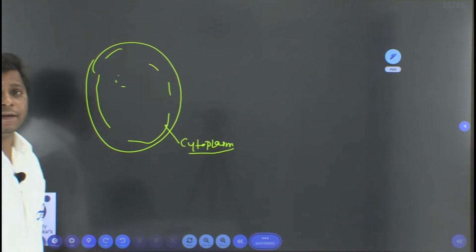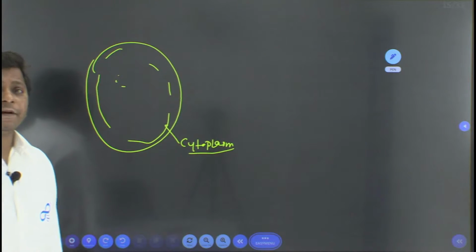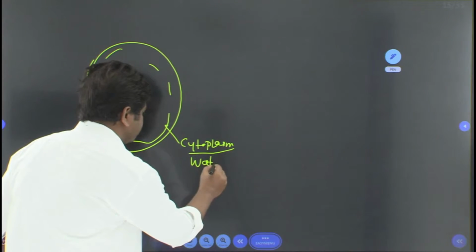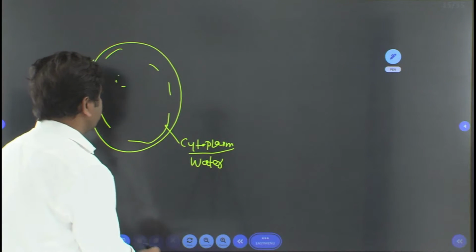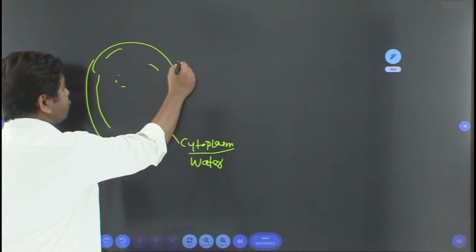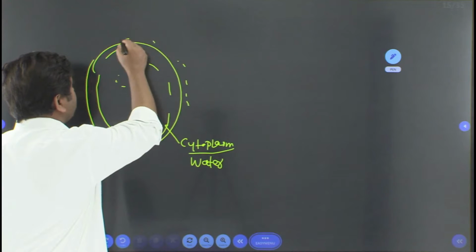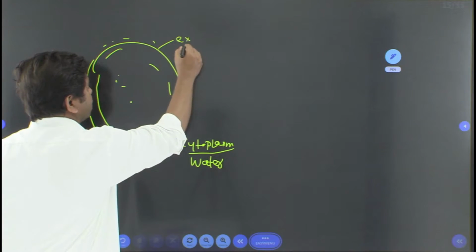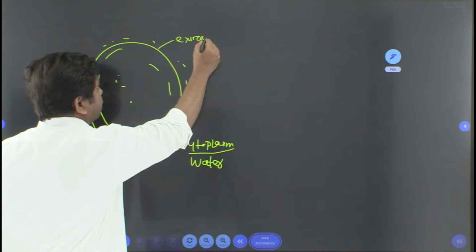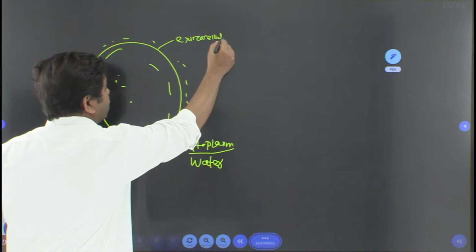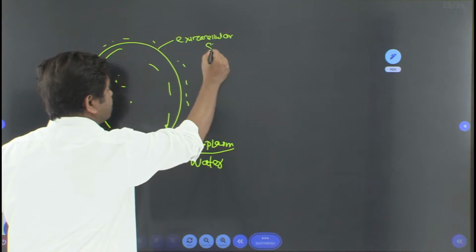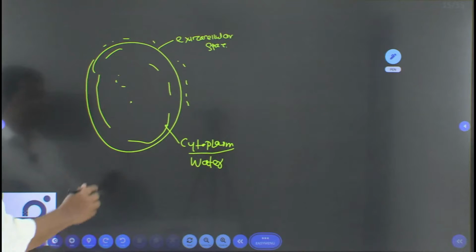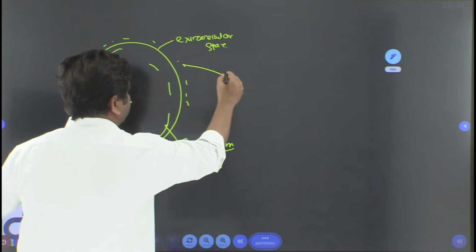Primarily the cytoplasm is made up of water. This is the external environment, the extracellular space outside the cell, and this is the intracellular space. In the extracellular space, the component which is present is also water.